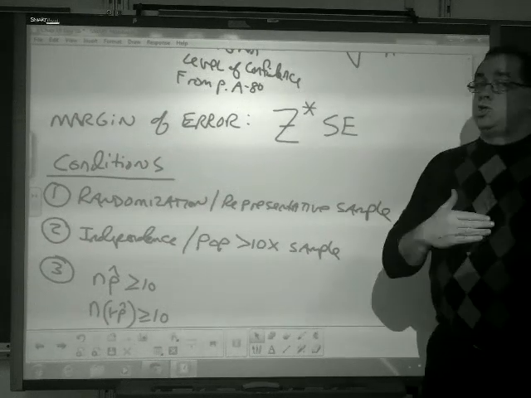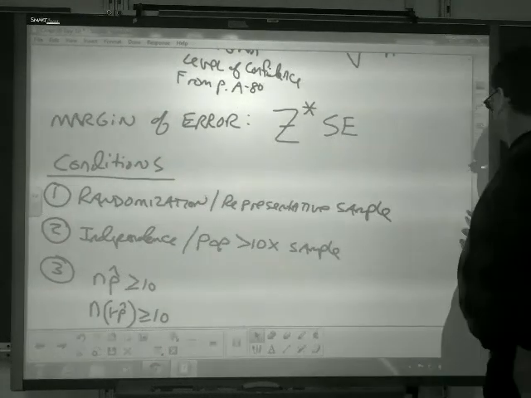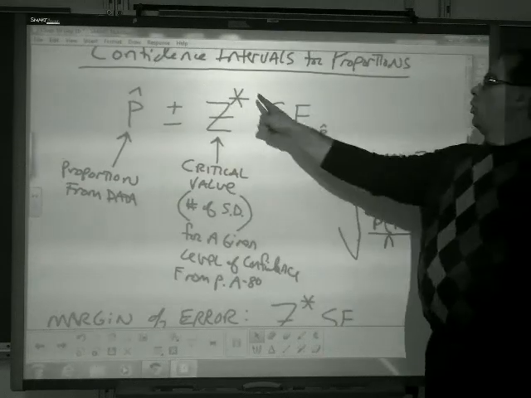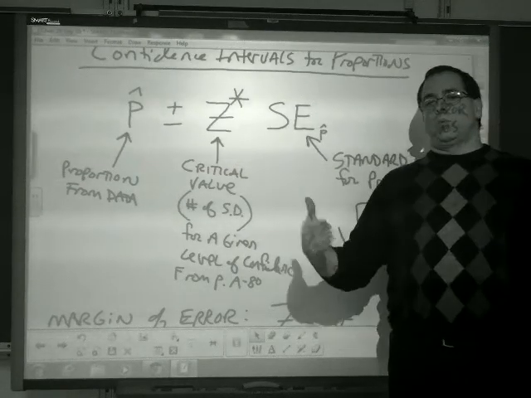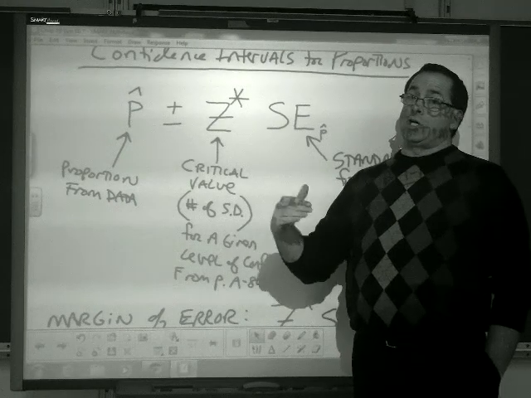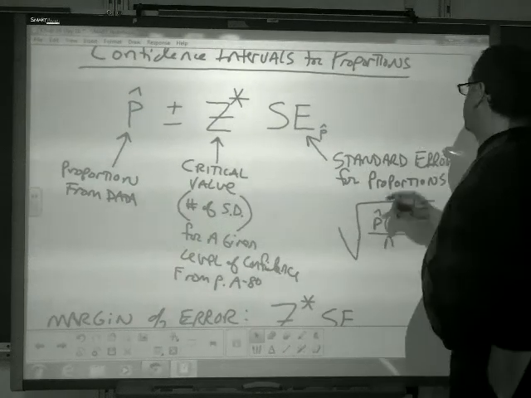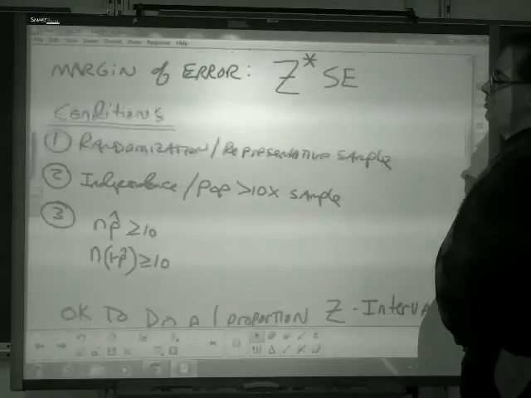Okay. Just like before, if we're going to talk about z-scores and normal calculations, we have to check conditions or else we can't use this process. Here's the good news.